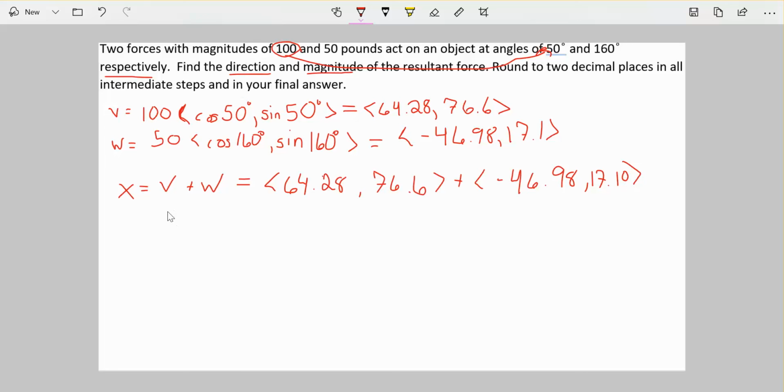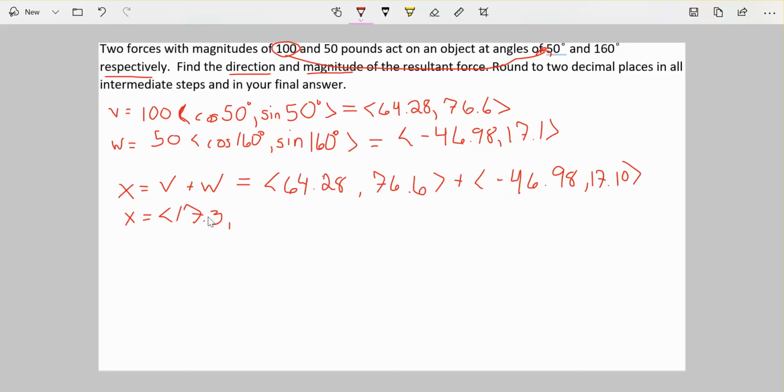All right, so I add these two together, and I end up getting that my vector x, which is what I'm going to work with for the rest of this problem, is 17.3 for the first part, because I just take the 64.28 and add the negative 46.98.